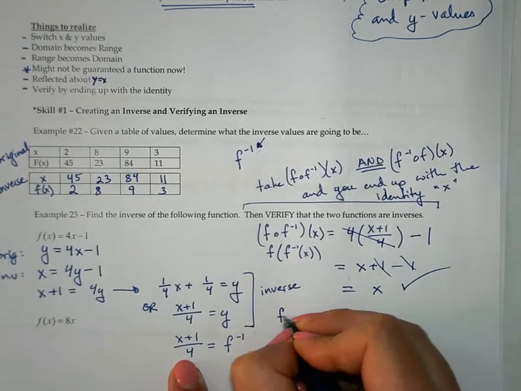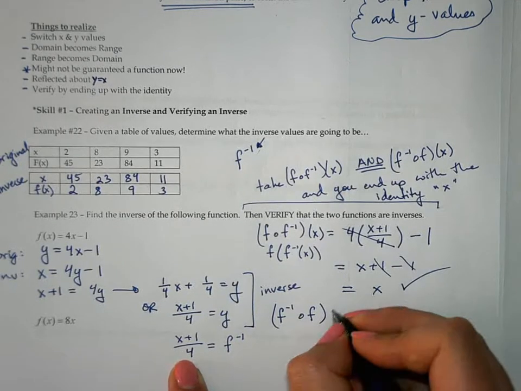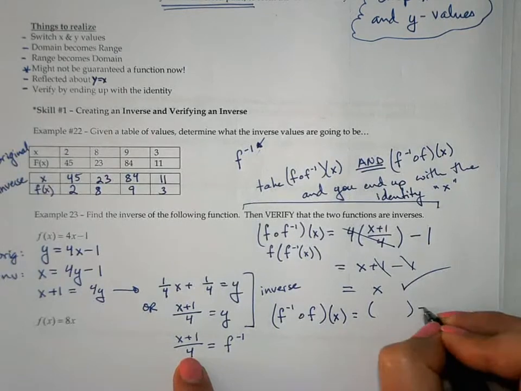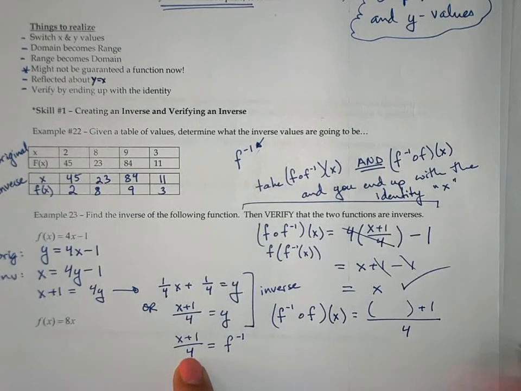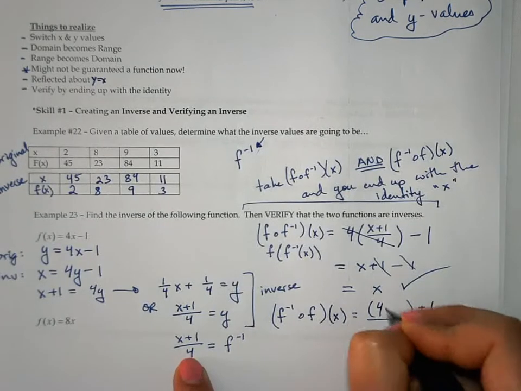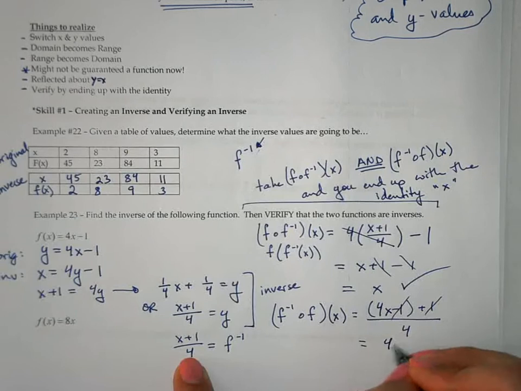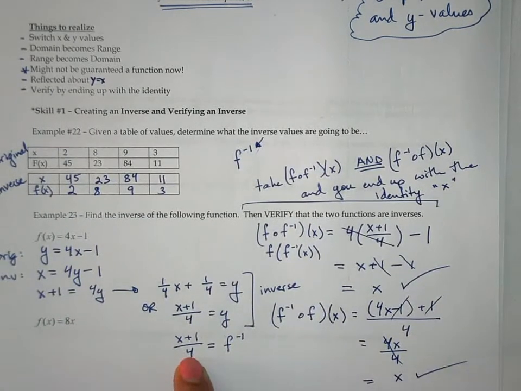We also need to check the second, which is this way, f inverse of f. So what's the pattern here? The pattern here is something up top over 4. Into that something up top, we'll put 4x minus 1. The minus 1's cancel, so we have 4x over 4. 4's cancel, we end up with x.